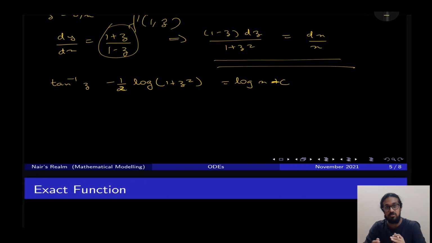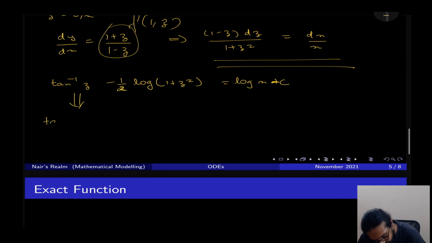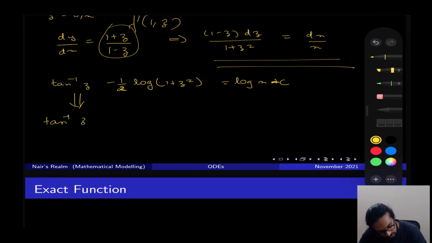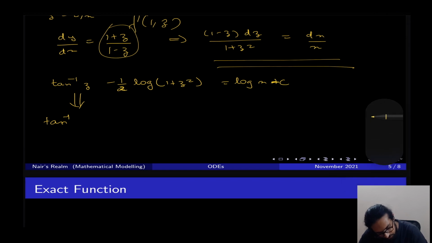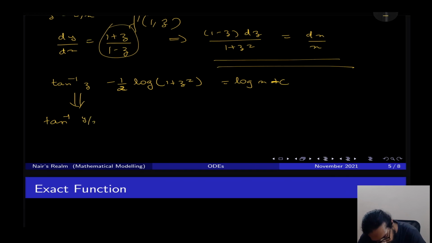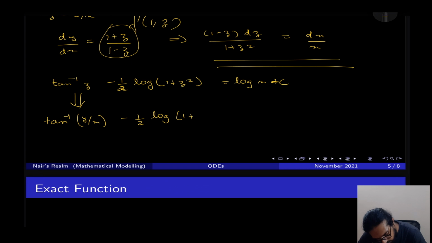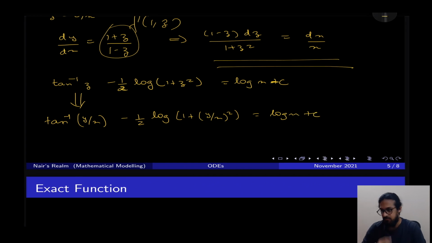So we simply substitute z is equal to y by x, which was our initial substitution. And this gives us tan inverse of y by x minus 1 by 2 log of 1 plus (y by x) the whole square is equal to log x plus c. So this is a solution of the differential equation simply in terms of x and y.